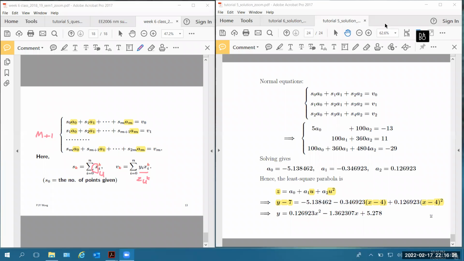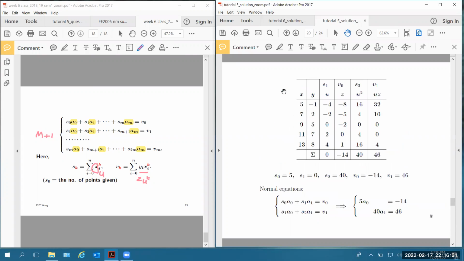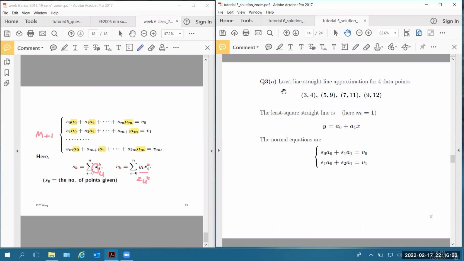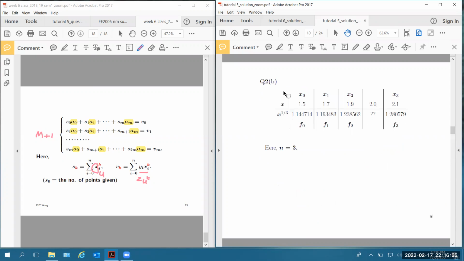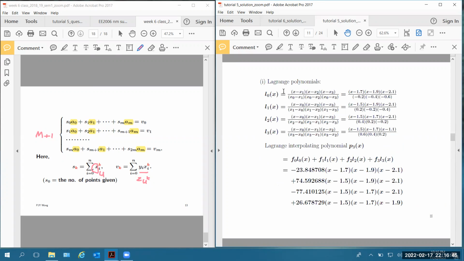Question 2B, part 1 for Lagrange. The multiplication for the numerator is actually not only 2, there are 3, am I right? You mean the denominator has 3 numbers? Yes, there are 3.